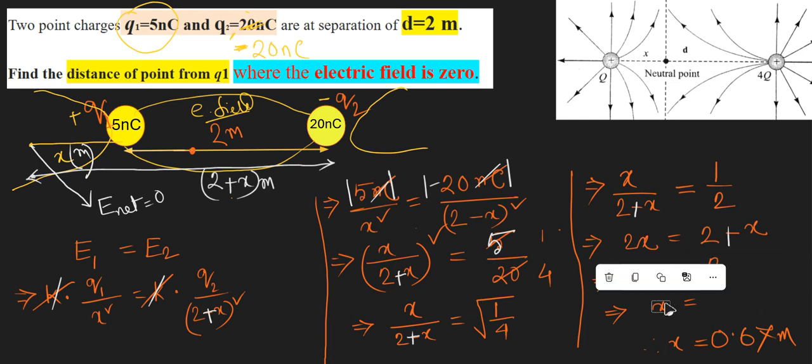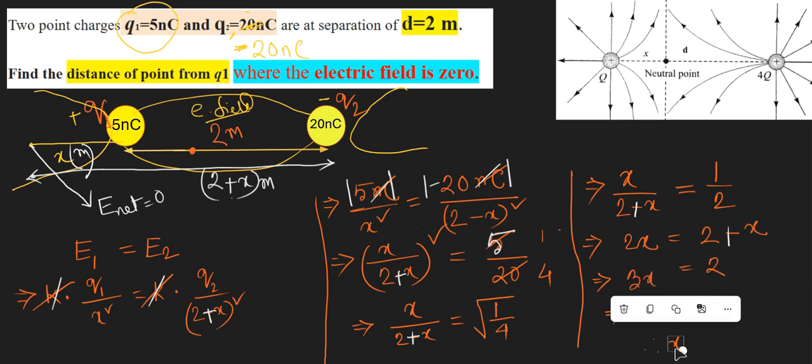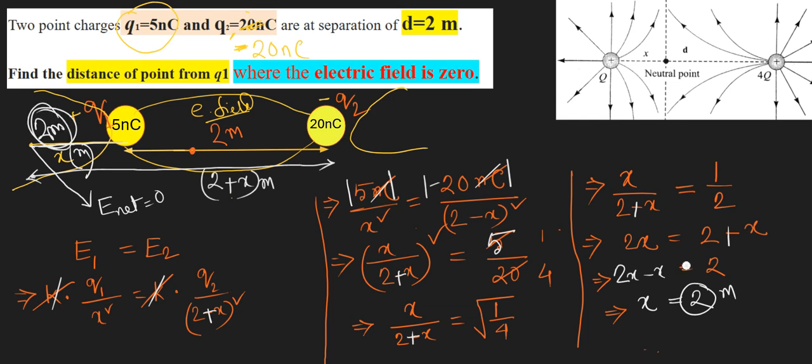So let's eliminate all of these things. So what will happen? Here will be 2x minus x. It means x equals 2 meter. It means from Q1 up to this distance will be 2 meter, where the electric field will be 0. Hope you understand.